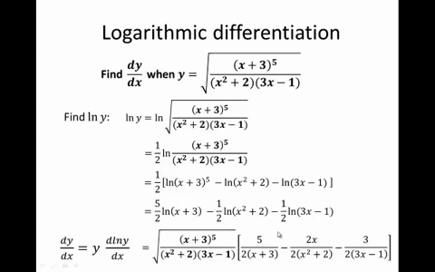And as it turns out, it's just this. The derivative of 5 on 2 ln (x plus 3) is of course 5 divided by 2 times (x plus 3). And we do the same for the other two terms. And here we are. We didn't have to apply the chain rule, the product rule, and the quotient rule a number of times. This was much simpler. And this is where the power of logarithmic differentiation lies.